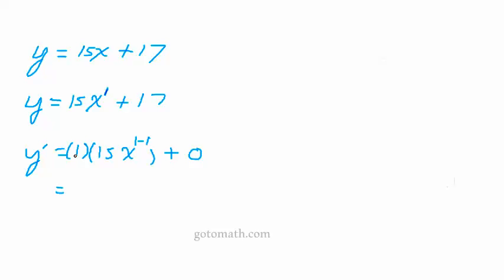So now let's simplify this. 1 times 15 is just 15. And of course this is x to the 0, but we wouldn't write it with x to the 0 because x to the 0 is always 1, and 1 times 15 is 15. So y prime is, and that's what we were wanting to find, y prime is equal to 15.